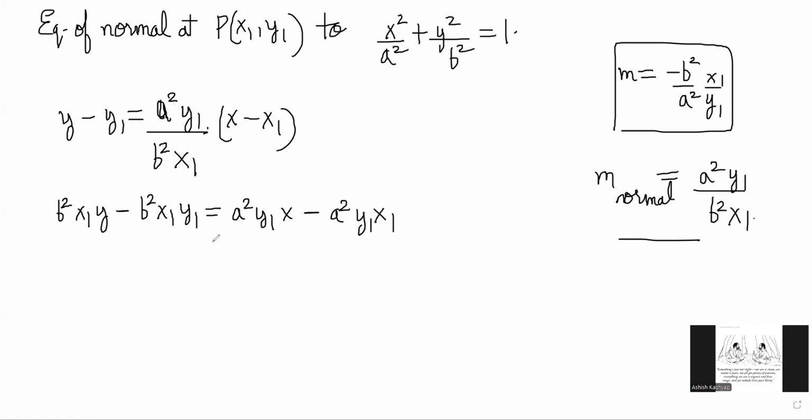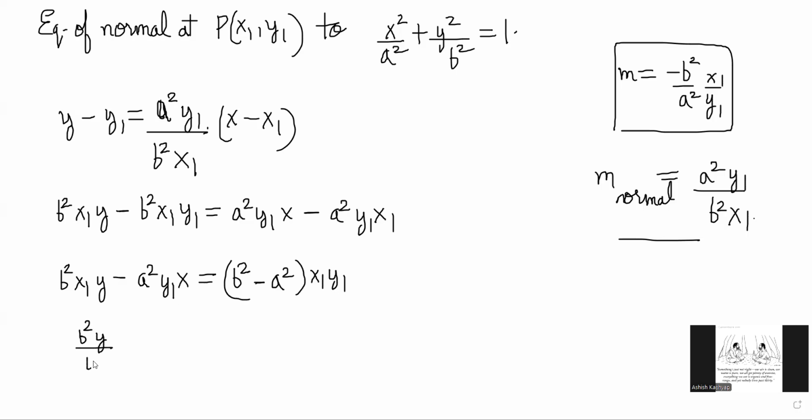And we will get all the x and y terms on one side. b square x1 y minus a square y1 x is equal to b square minus a square times x1 y1, right? And divide this by x1 y1, you will get b square y by y1 minus a square x by x1 is equal to b square minus a square.